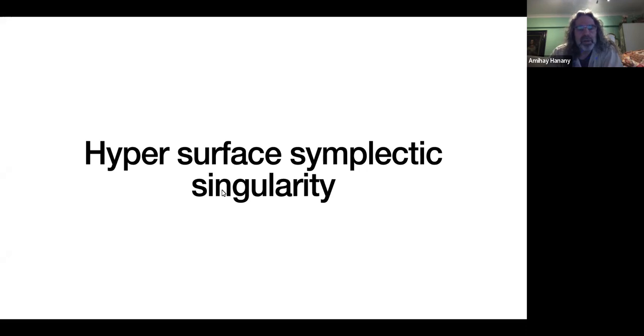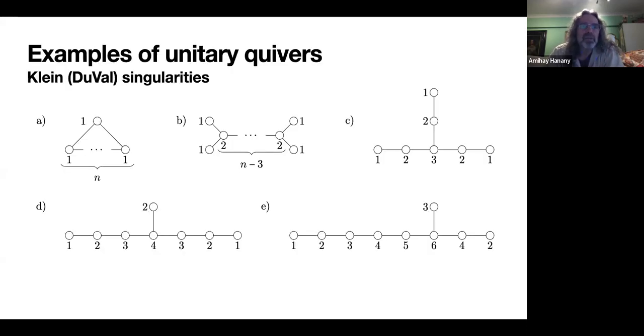It turns out that the combination of hypersurface and symplectic are very uncommon. Right? I could demand a space to be hypersurface. There's plenty of those. There are plenty of symplectic singularities, but both is really restrictive. And there is a potential claim for classification of those. And I'll show you all of those that we know.